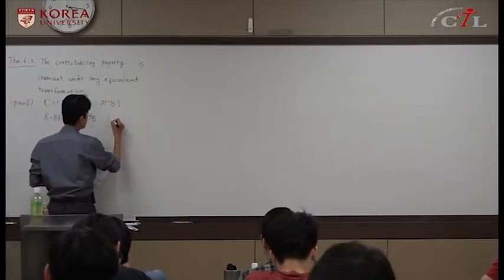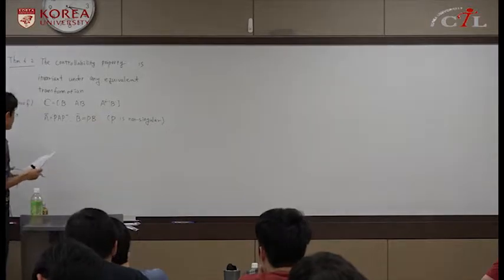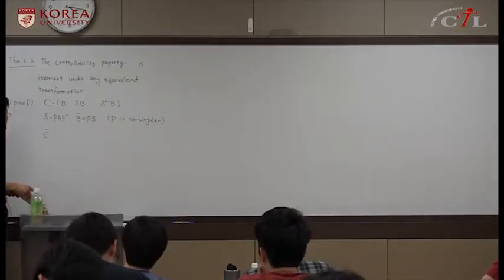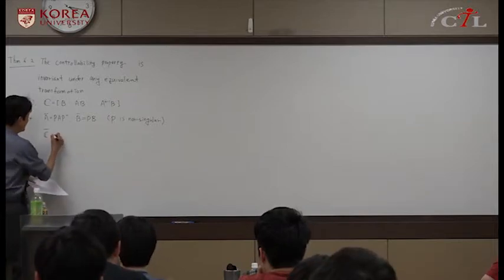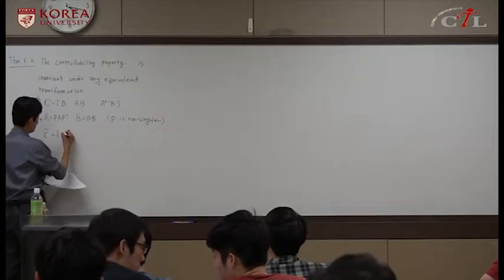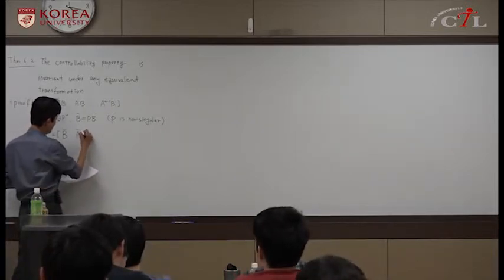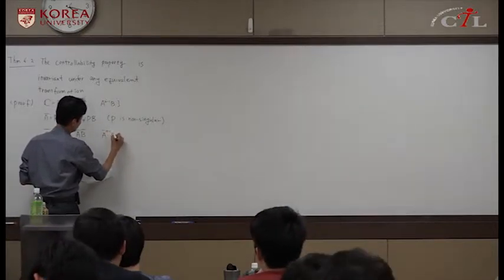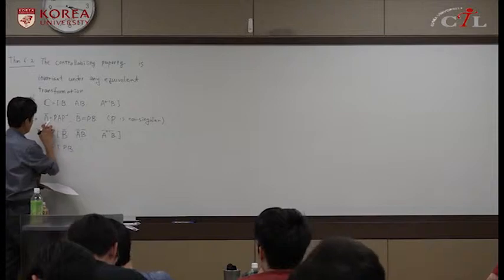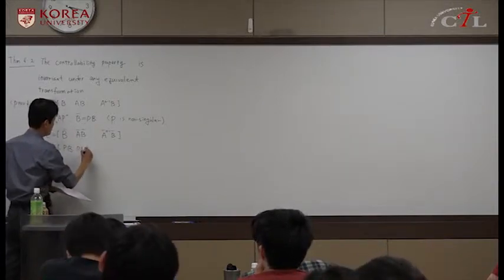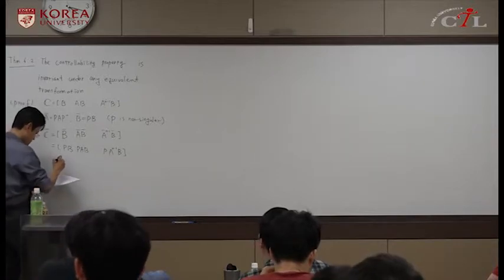Then the controllability matrix of A bar, B bar is written like this, with B bar equal to PB. In A bar, B bar, P inverse P drops out, giving PAB, and it goes on. Finally, we have this matrix, which is simply PC.